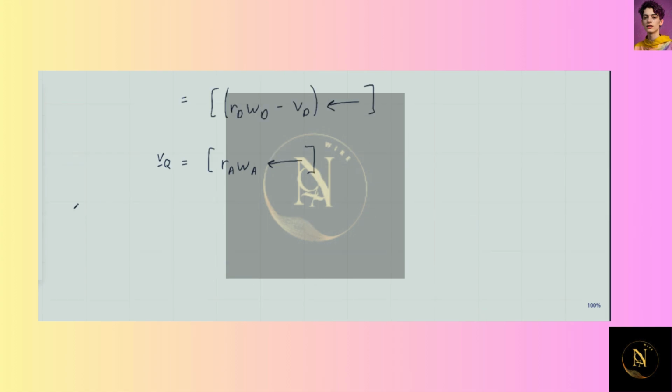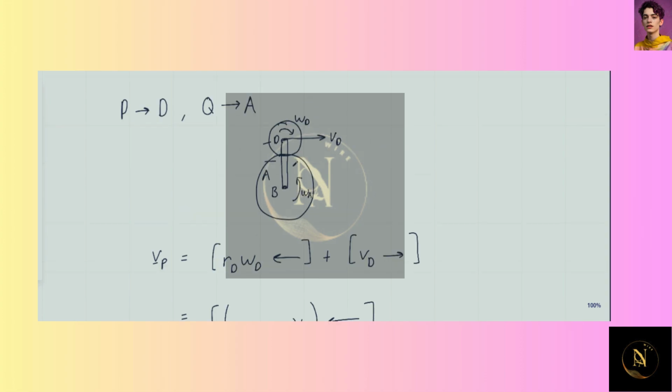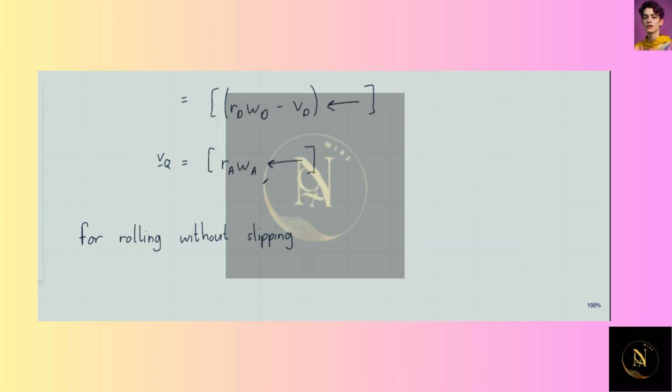But we know that if we have rolling without slipping, these two velocities must be equal. So the velocities where these points coincide on each disk must be the same. So the speed Vq must be equal to the speed Vp.